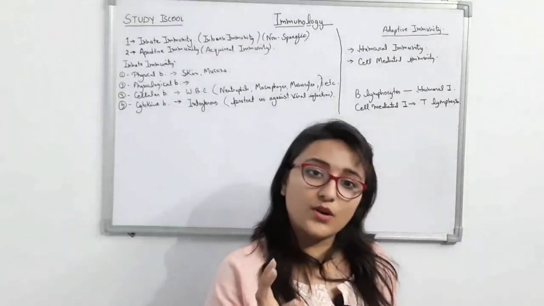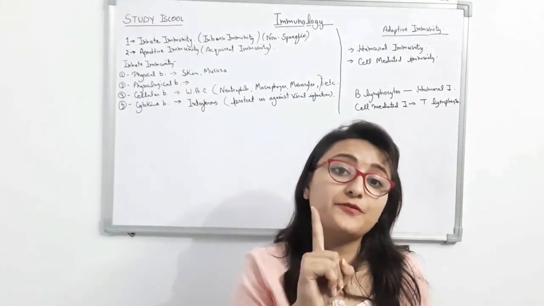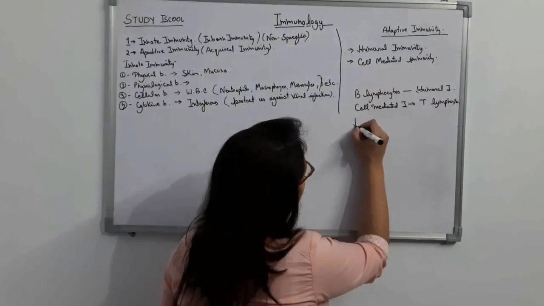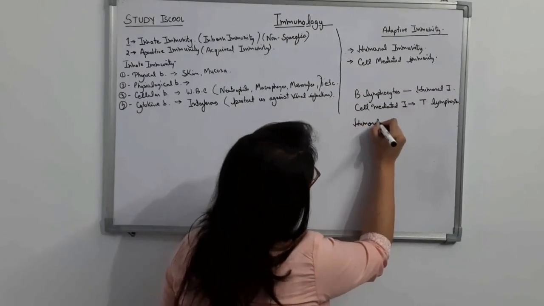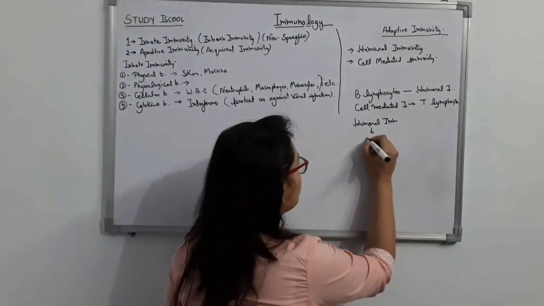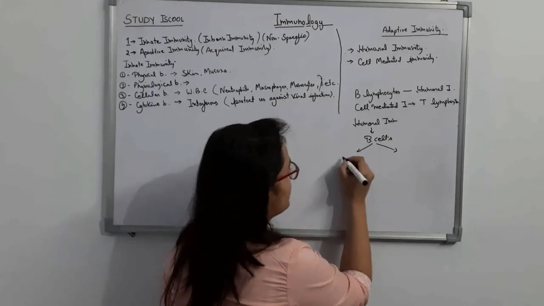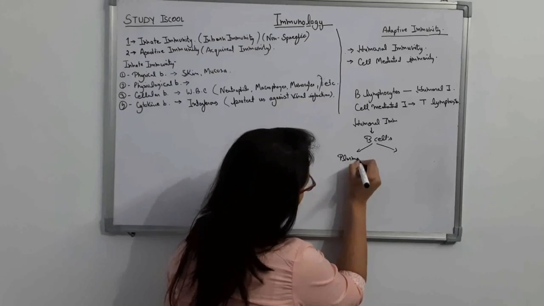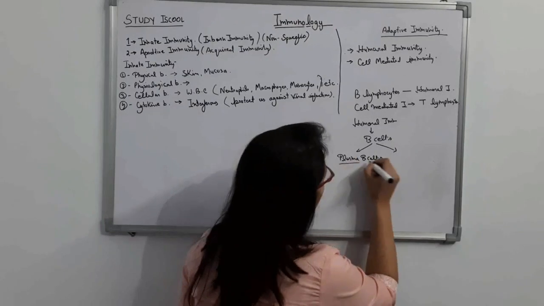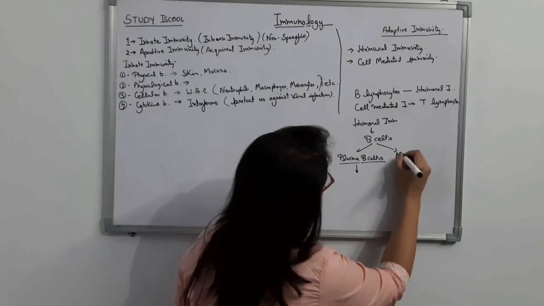When any pathogen enters our body for the first time, B cells differentiate into two types of cells: plasma B cells and memory B cells.